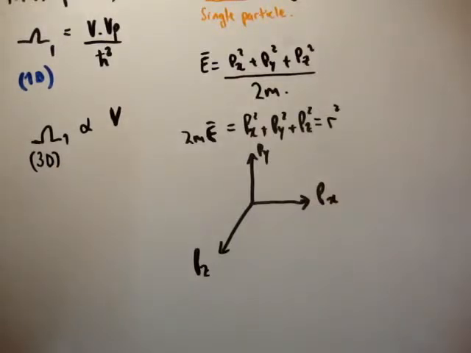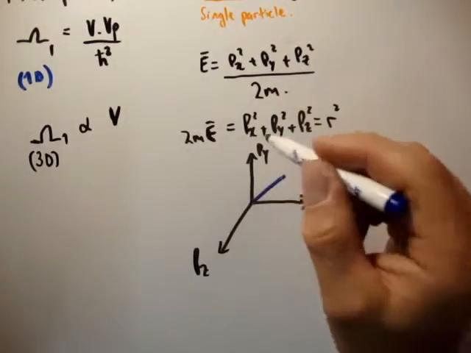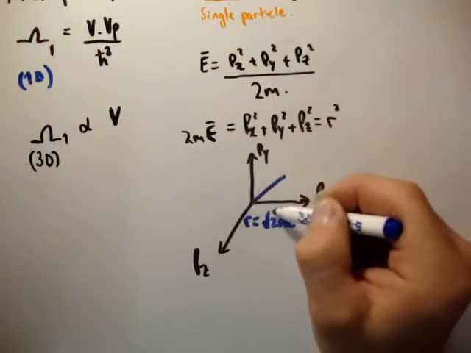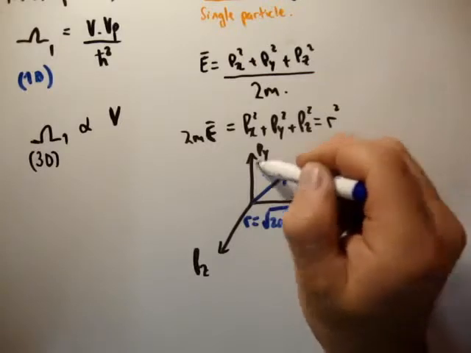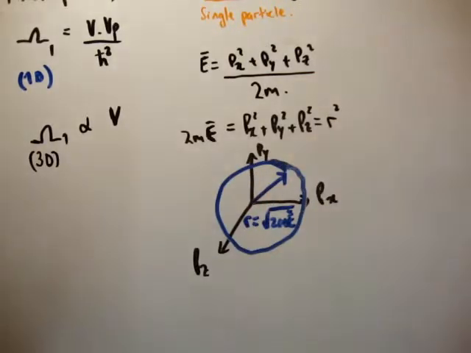So if we plot a sphere whose radius is the square root of 2mE, we get some sort of a sphere. Okay, and the number of momentum states inside that sphere gives the number of possible momentum values.